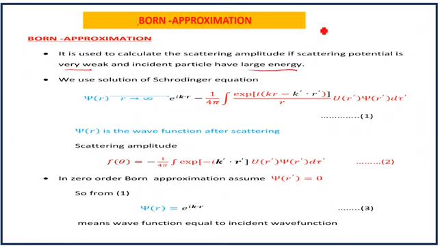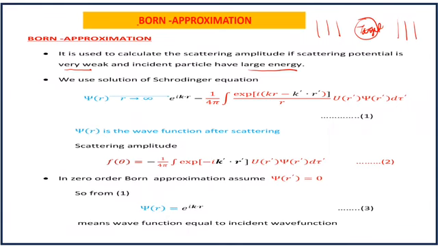The beam of particles which is incident has large energy and the target has weak interaction. The interaction applied by the target is weak. In such a case, you can use Born approximation.